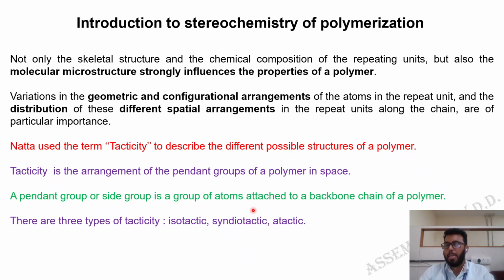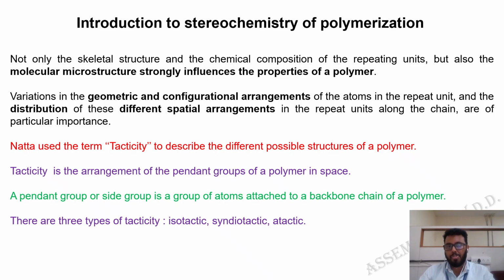How these repeating groups, or the pendant groups, which means attached at the end, are distributed in space. A pendant group is nothing but a side group on the main chain. It's a group of atoms attached to the backbone chain of a polymer. The polymer backbone will be the main chain, but from that you will have a side chain having a group of atoms. That particular group is called a pendant group.